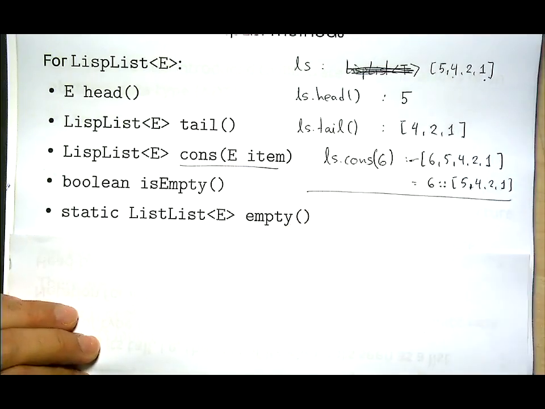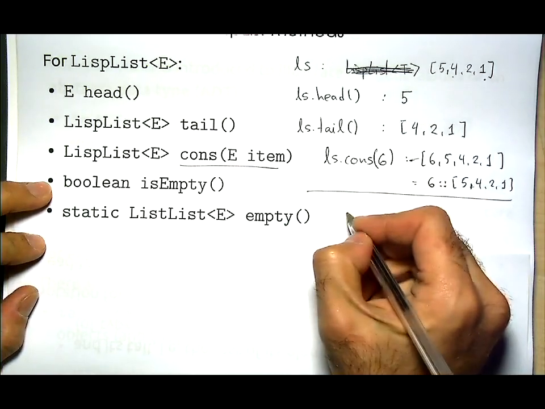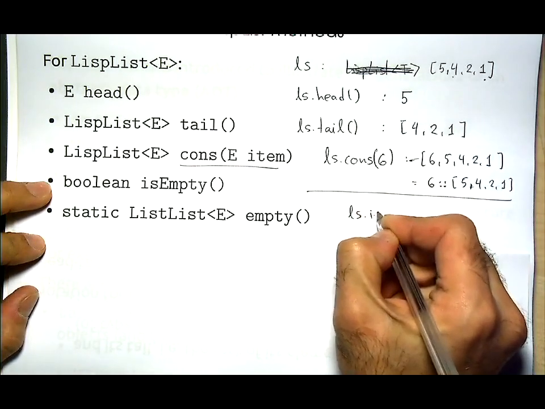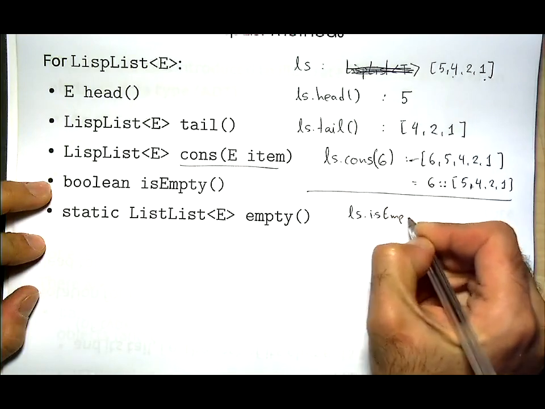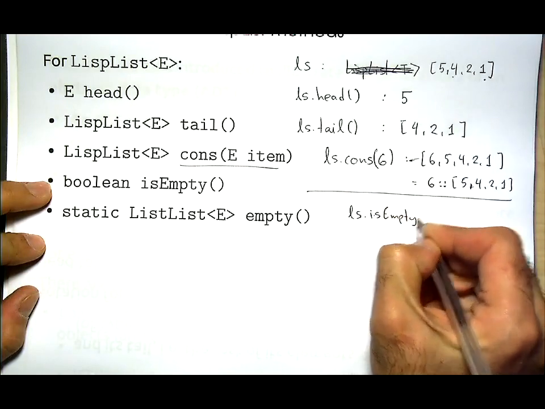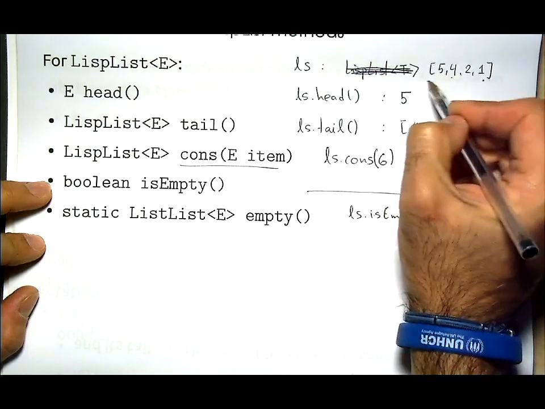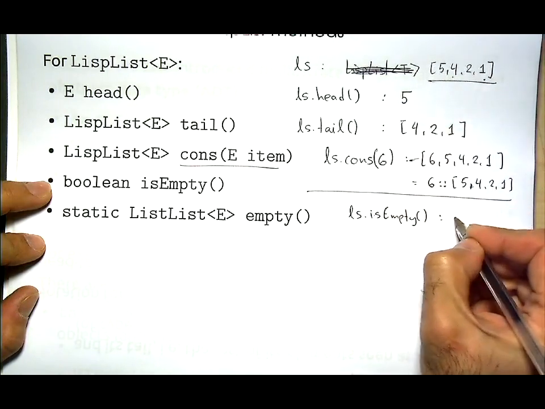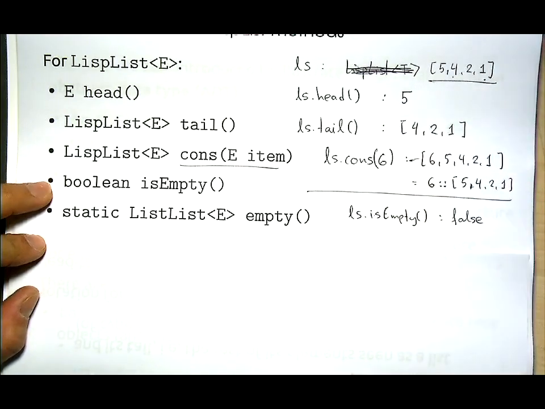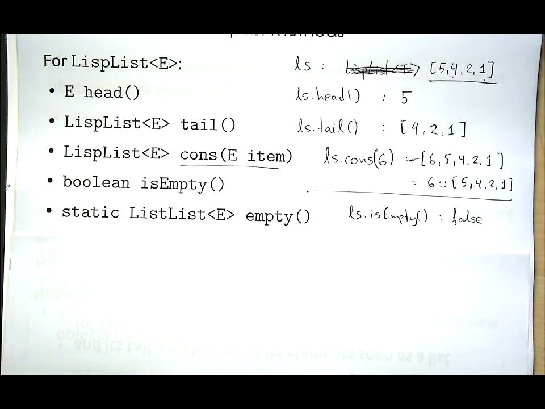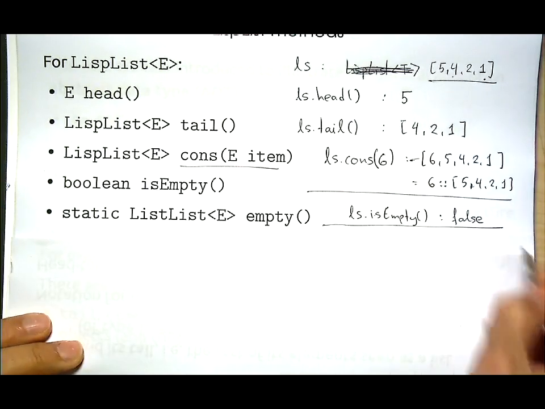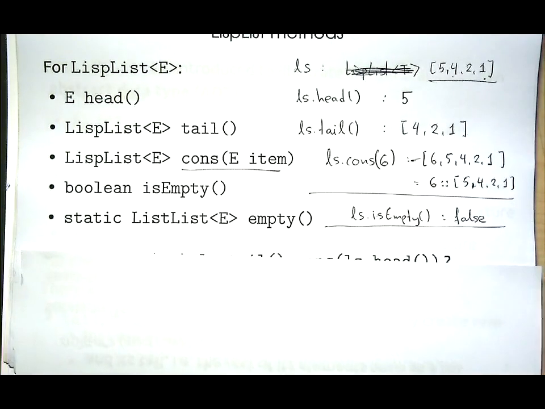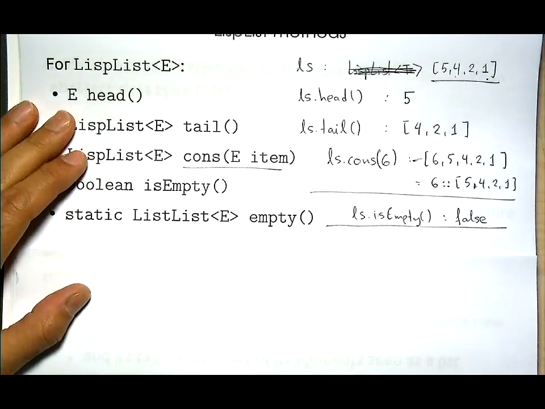Okay? And then we have another method, isEmpty, which just checks if your list is empty. So remember, ls is this list, so ls.isEmpty will return false. And finally, I have a static method that allows me to construct new lists.